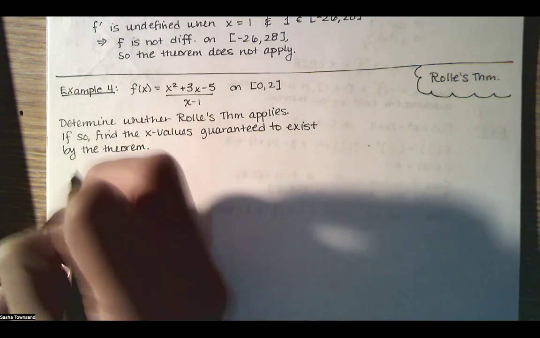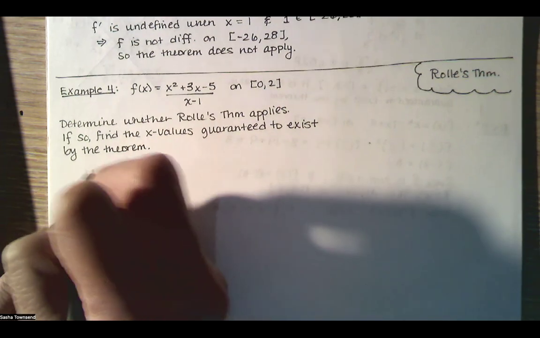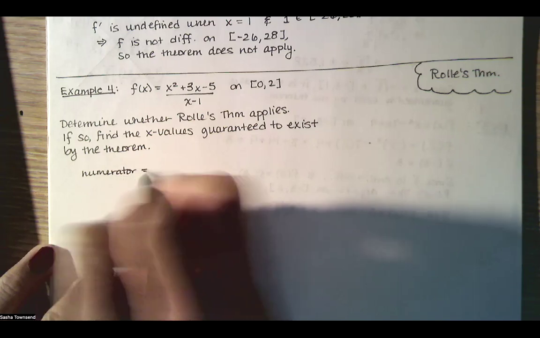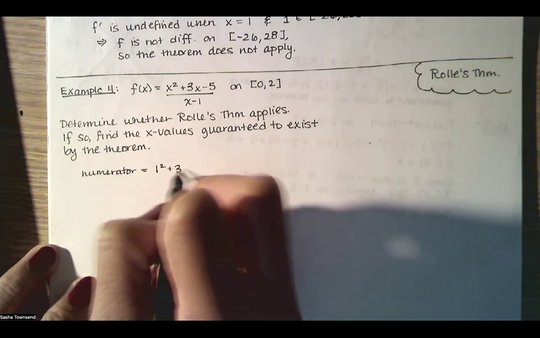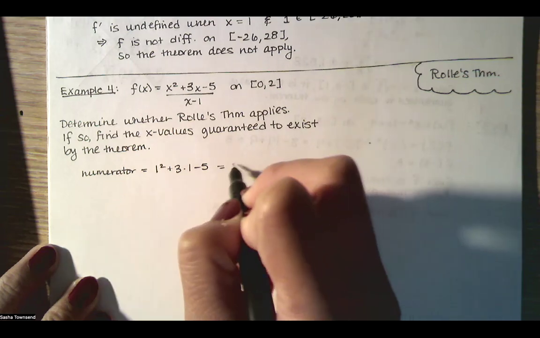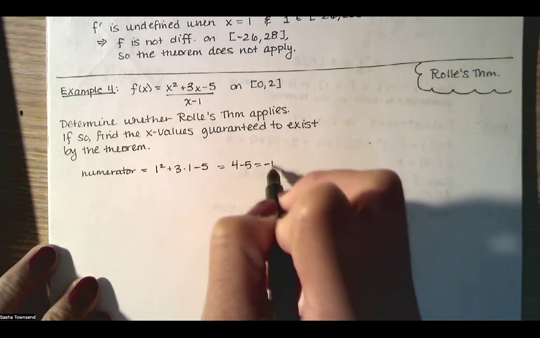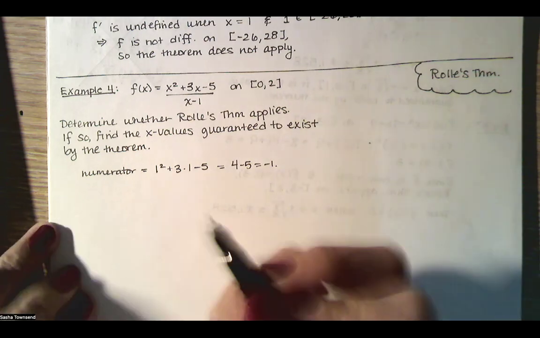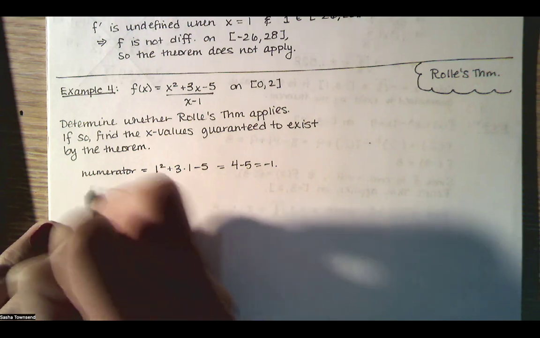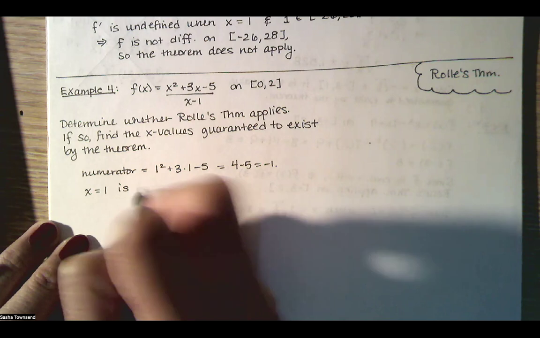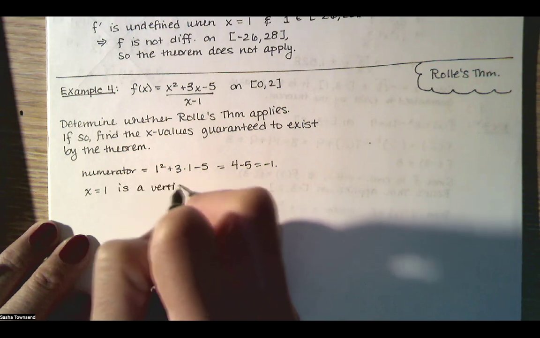So let's evaluate the numerator at x equals 1. I've got 1 squared plus 3 times 1 minus 5. So that's 4 minus 5, which is -1. So the numerator is -1 when the denominator is 0. So x equals 1 is a vertical asymptote of the function.